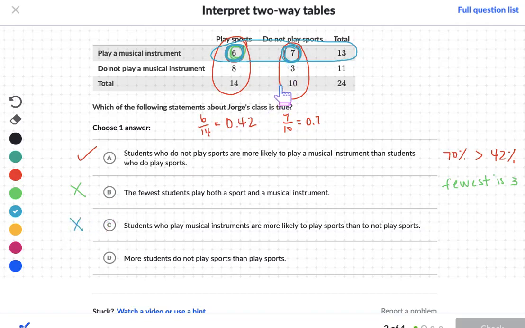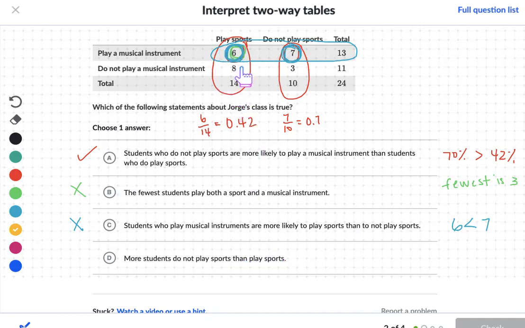So I could do the relative frequencies and all that, but I already know it's going to be less than. So that's no. Because, yeah, more people don't play sports.